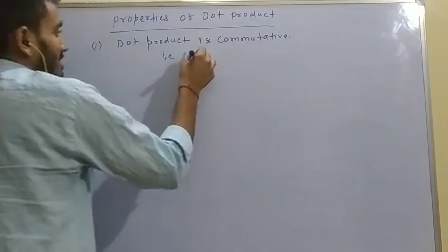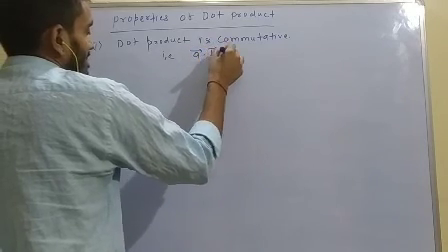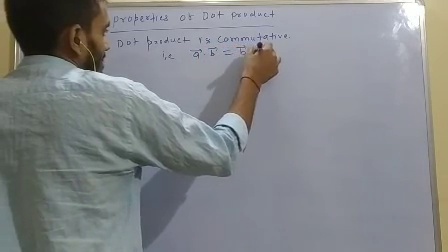That is, vector A dot vector B equal to vector B dot vector A.